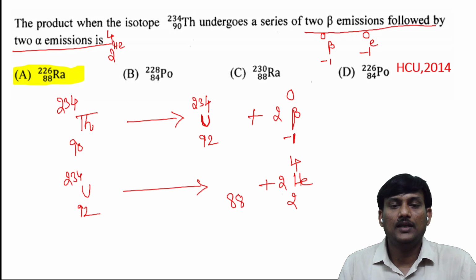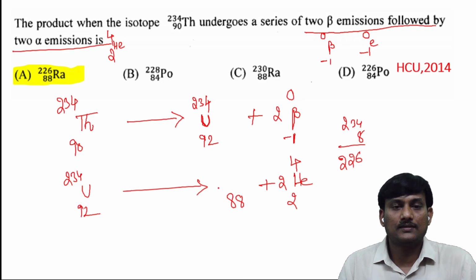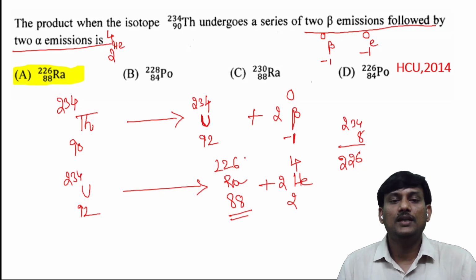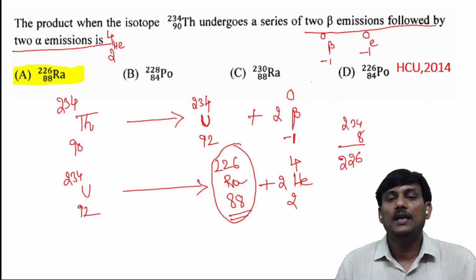So it will be 88. And here we have 234. Here we have 8. 2 into 4, 8. 234 minus 8, it will be 226. So 226. Atomic number 88. It's an alkaline earth radioactive element, that is radium. Radium 88, 226. So finally this nuclide will be formed after emission of 2 beta emissions and 2 alpha emissions.